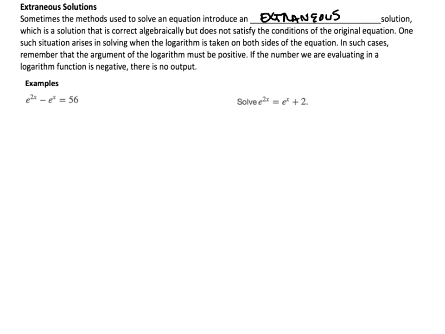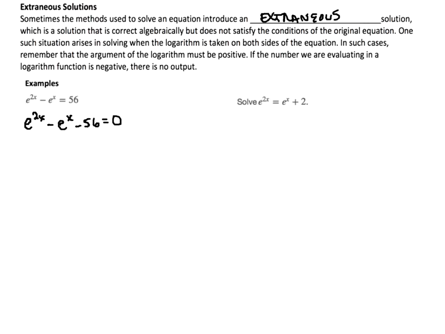So we're going to have to dig way back to where we learned how to use substitution with quadratic equations. This was the very first section we studied in this course, 2.6. The first thing I'm going to do is get this equation equal to 0. So e to the 2x minus e to the x minus 56 equals 0.